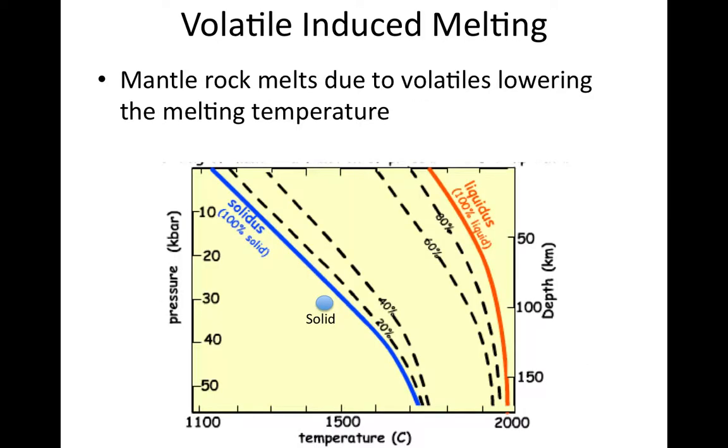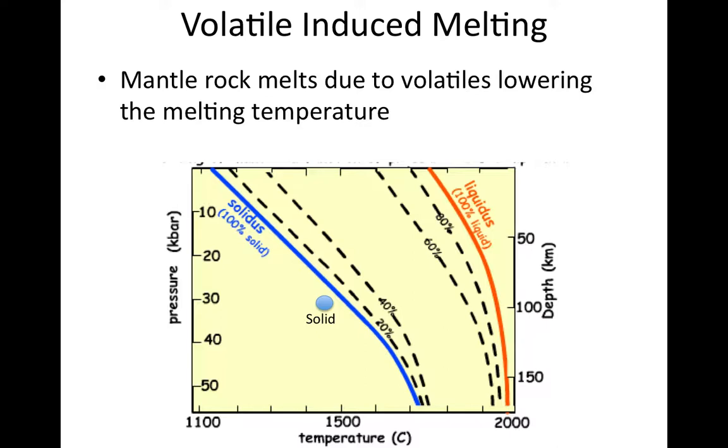The second process is volatile-induced melting, and this occurs whenever mantle rock is infused with water. We have the same graph as we looked at last time, and you can see the rock right here is to the left of the solidus, so it's completely stable as a solid. Now, as this rock is infused with water, its pressure isn't changed because it doesn't ascend or descend, and its temperature isn't changed.